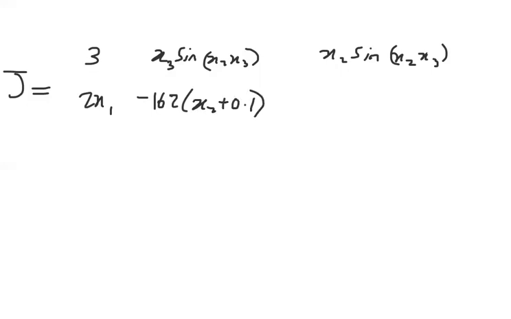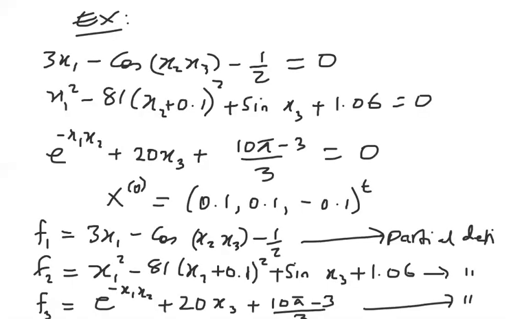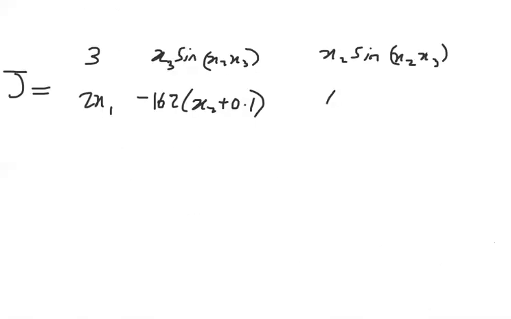And then I differentiate this same function with respect to x3. So these others will be zeros. I'll just remain with the derivative of sine x3, and this will give me cos x3. Then I will do the same to the last equation, which is f3.